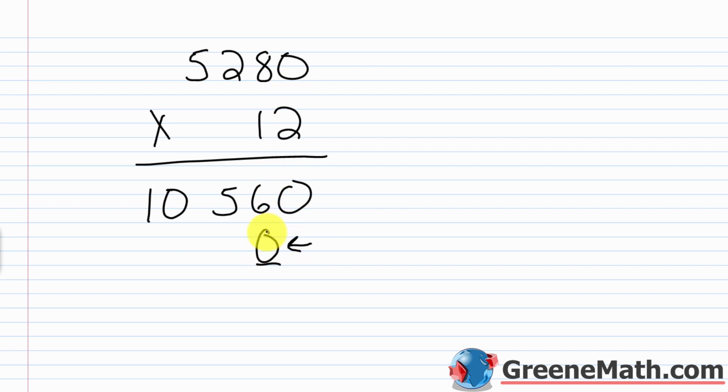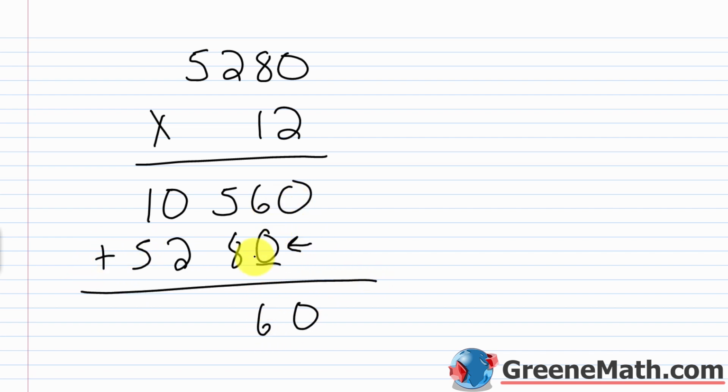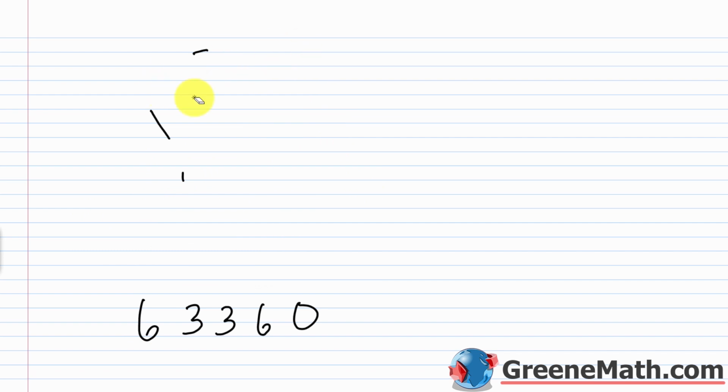So I'd put a 0, an 8, a 2, and then a 5. So let's add, bring down the 0. 6 plus 0 is 6. 5 plus 8 is 13. 3 down, carry the 1. 1 plus 0 is 1, plus 2 is 3. Then 1 plus 5 is 6. So 63,360. I'm going to just erase everything else.